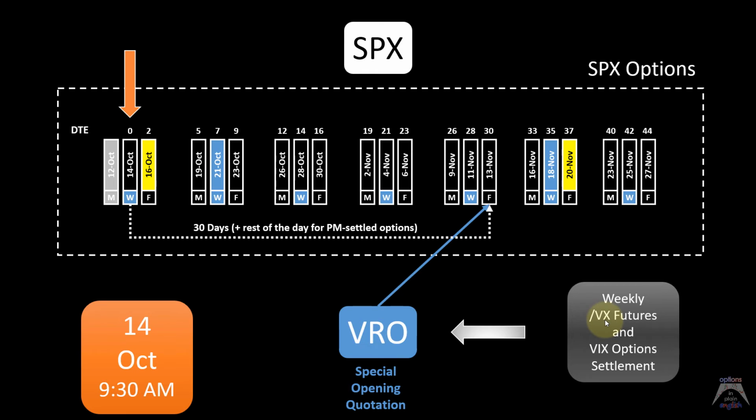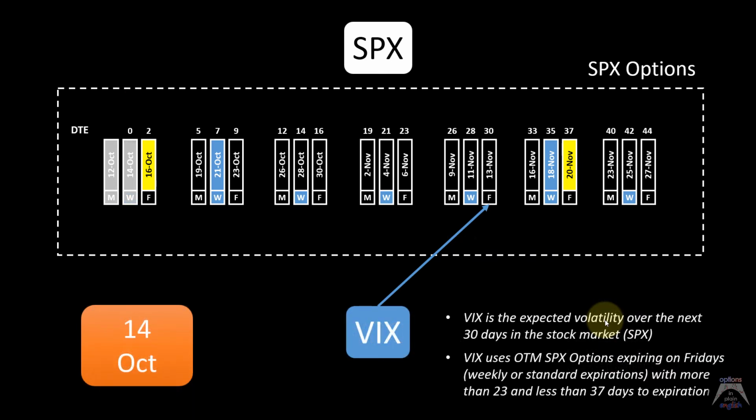Now, right after this number is obtained, we have the rest of the day, still October 14th, but the expiring product is no longer active because you can't buy or trade it anymore. VRO is a snapshot. It's only once a day, and then you move on and continue with VIX. VIX uses two different expirations for the rest of the day.